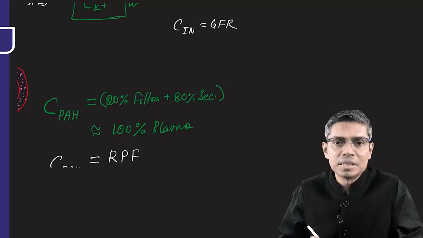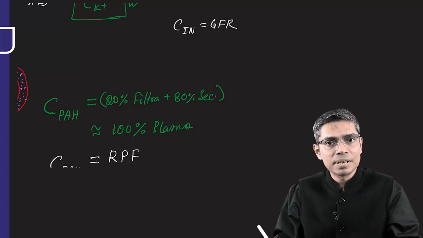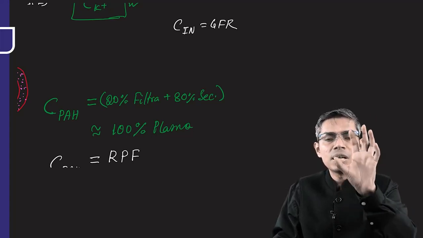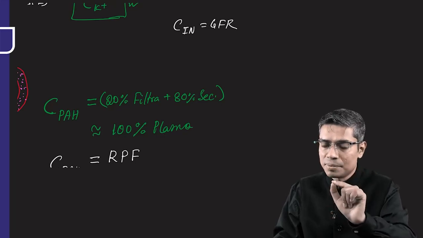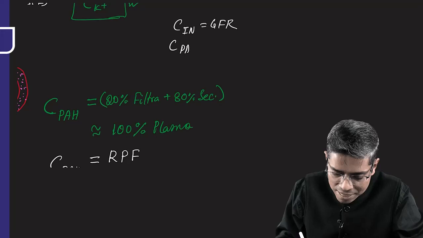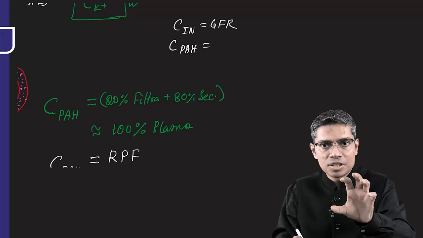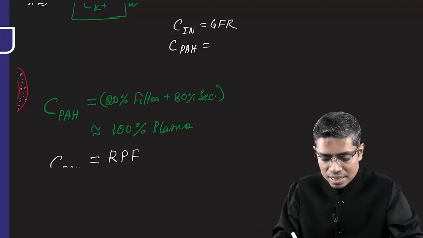So please remember this: the clearance of inulin is equal to GFR because inulin reaches the urine only by the process of filtration. And for the clearance of PAH, from filtration and from secretion, 100% of the plasma is getting cleared.